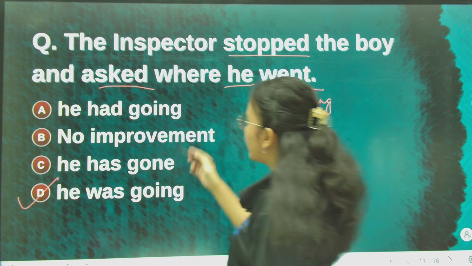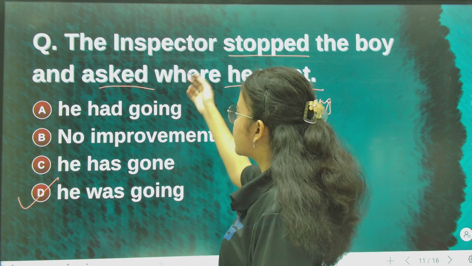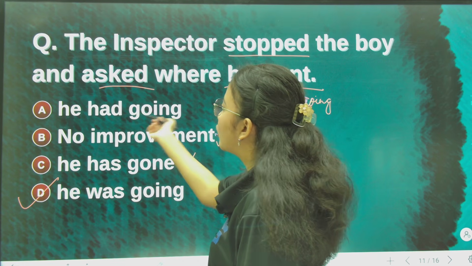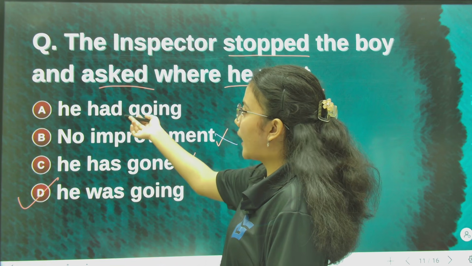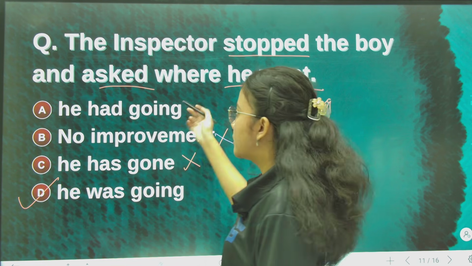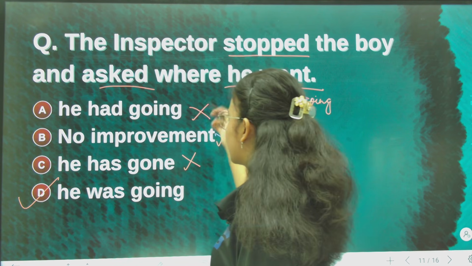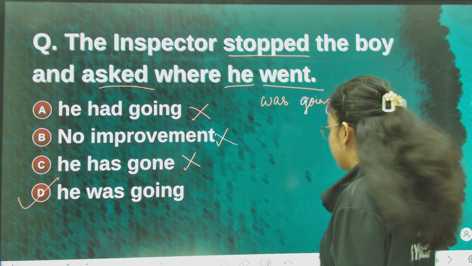He has gone is wrong, because as I said the context is past, not present tense, so this is wrong. No improvement is wrong. He had going is wrong, because after had usually comes gone, and going would need been to be past perfect, so this is also wrong. So in a gist, he was going is the correct answer.